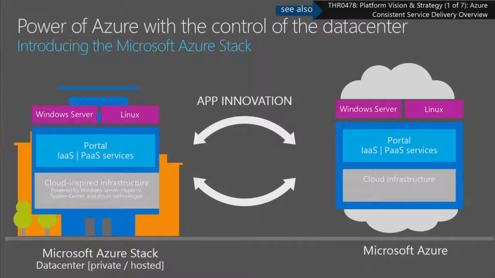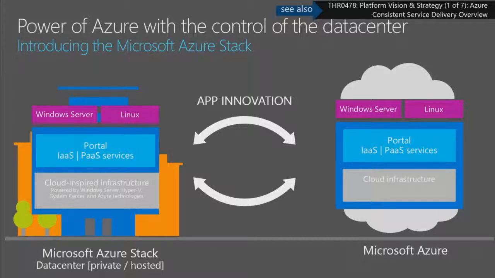We have a set of technologies in Azure Portal and Azure Resource Management Services and IaaS and PaaS services, all the content that you see on the right-hand side of your screen, right? Now, what we are doing is bringing that innovation all to on-prem. So Microsoft Azure Stack can be your local data center for your hosted cloud or private cloud.